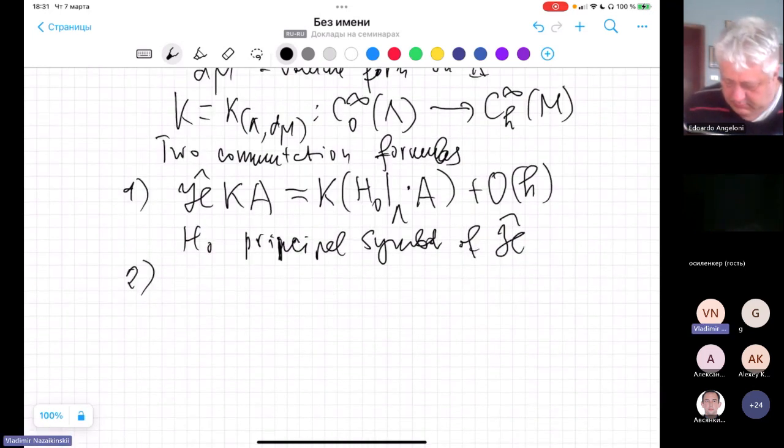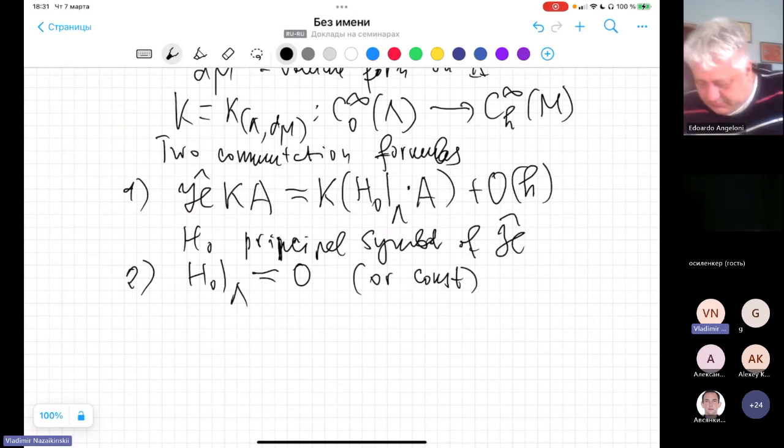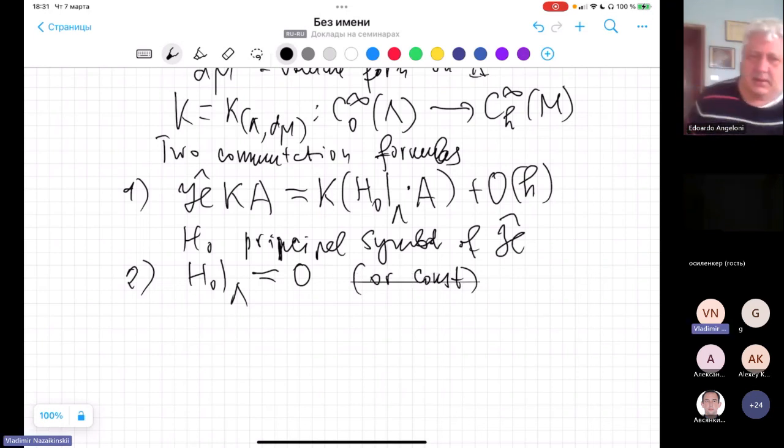Well, and the second commutation formula, more precise, is used if H naught restricted to lambda is 0, or maybe some constant, but we don't consider that case. So let's assume it is 0. Then we have the more precise formula. In the first formula, the first term is now just 0.